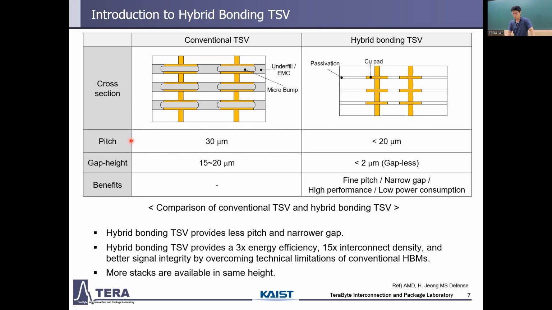So hybrid bonding, according to research, provides about 3 times energy efficiency, 15 times interconnect density, and better signal integrity compared to conventional HBMs, while still maintaining the same height of the HBM.